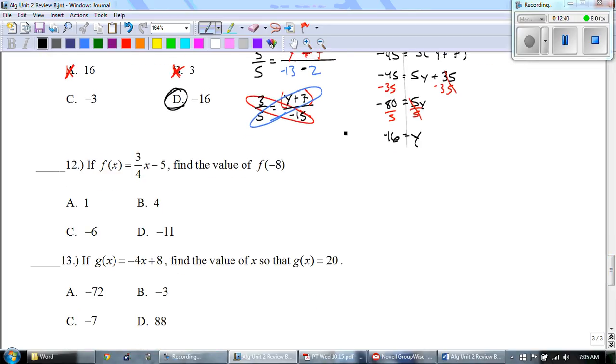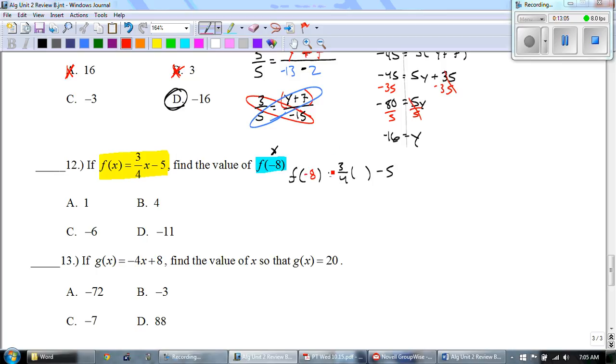Number 12, we have our function right here. If f of x equals 3/4 x minus 5, find f of -8. They gave us the x, so we plug in the -8 for x.